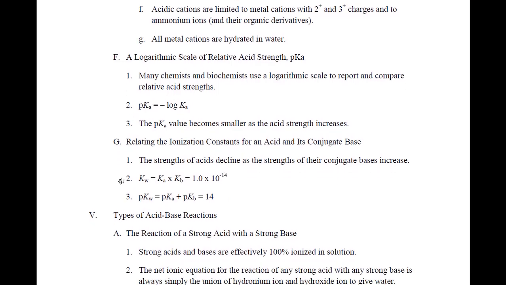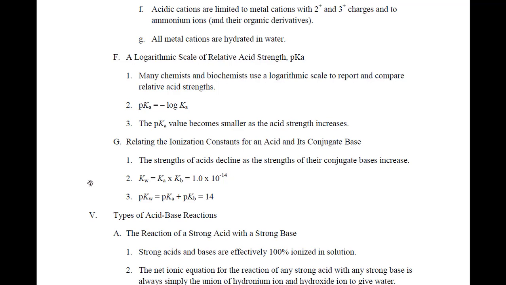All right. So again, Ka, just take the negative log, you have pKa. And so if we go back to our old standby, Kw, with hydronium and hydroxide, because Ka is related to hydronium and Kb is related to hydroxide, we can substitute these into that equation, taking the place of hydronium and hydroxide, so that Kw equals Ka times Kb, which still equals, of course, 1 times 10 to the minus 14th, because Kw for us at 25 degrees is always that.